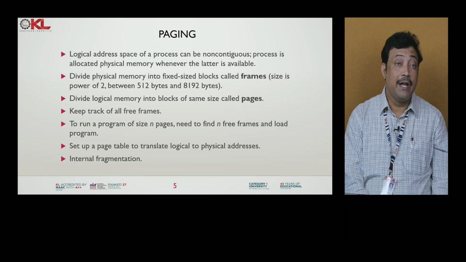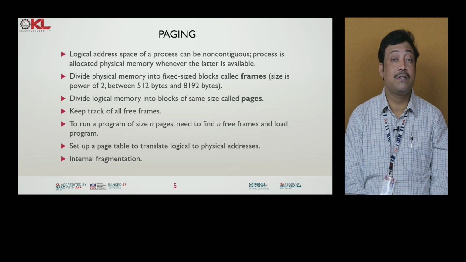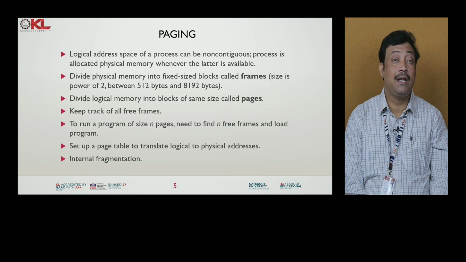For example, assume a particular 100 KB user program or process is divided into 10 blocks of 10 KB each. Then totally 10 pages must be available in the 100 KB user program, because each page size is 10 KB. So 10 KB into 10 pages, totally 100 KB.